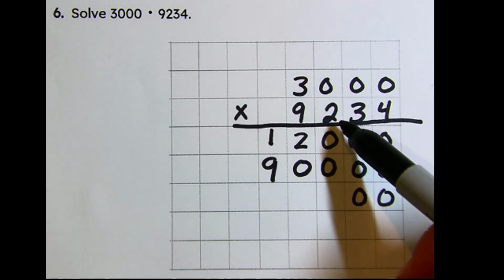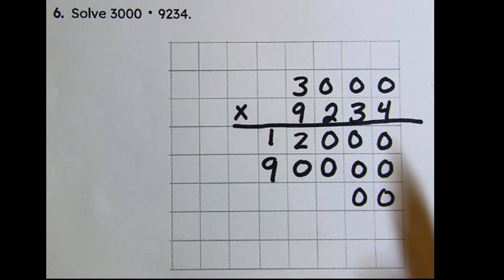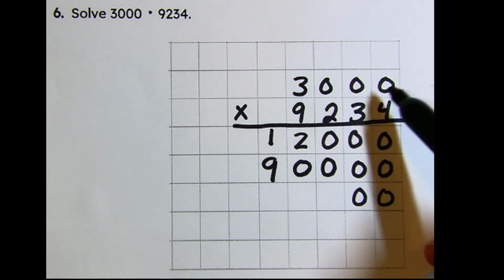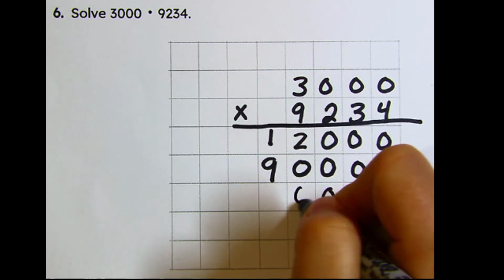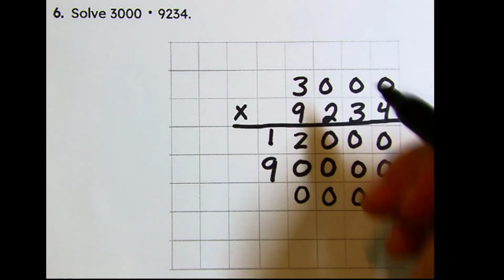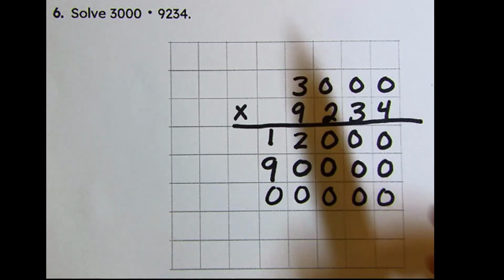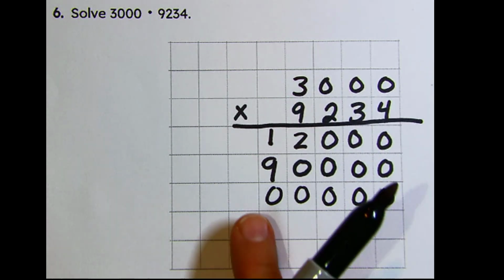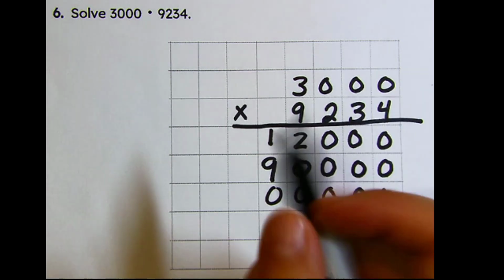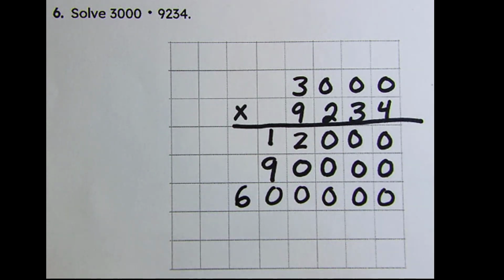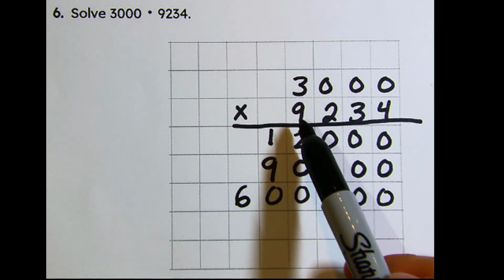So if I'm multiplying by 200, I'm not going to have any ones and I won't have any tens. 2 times 0 is 0. 2 times 0 is 0. 2 times 0 is 0. And then I have 100 times 1,000 will give me 100,000. Perfect. And 2 times 3 is 6. So that's 600,000.